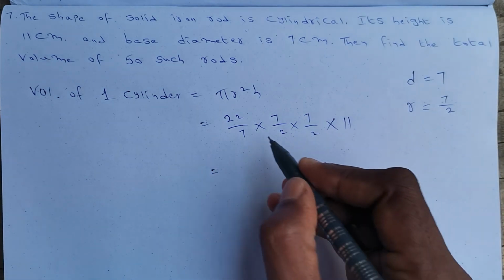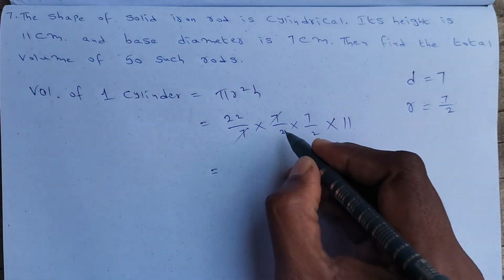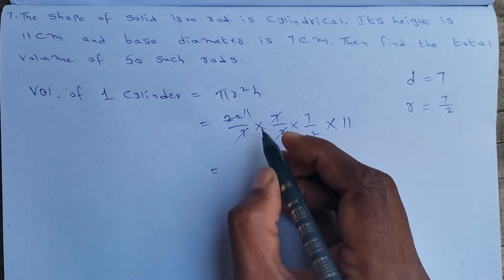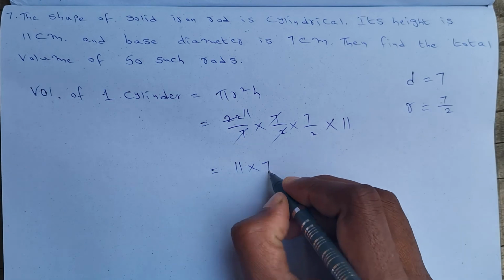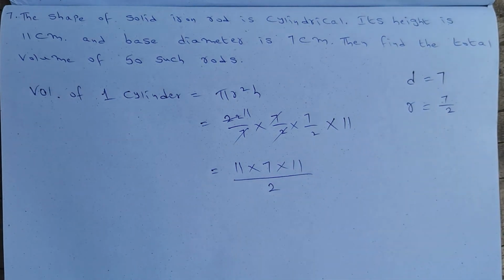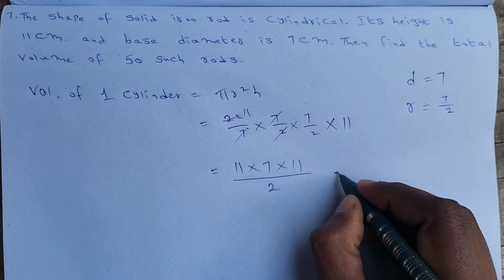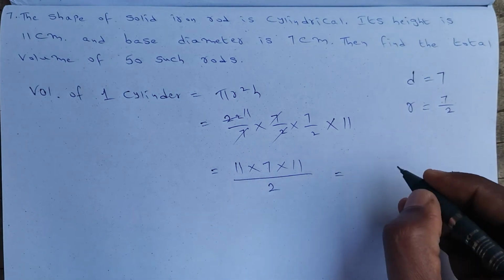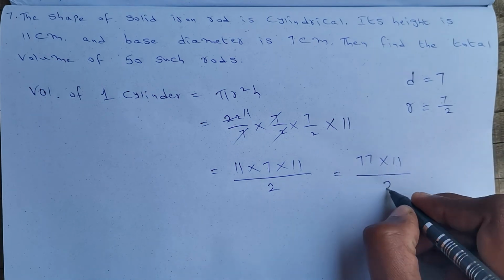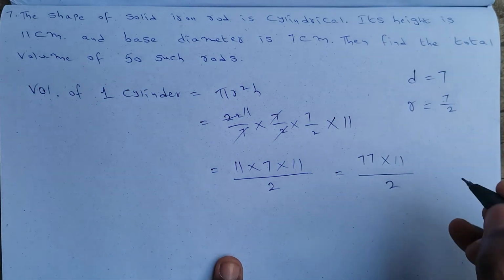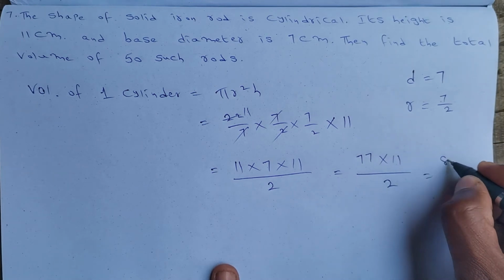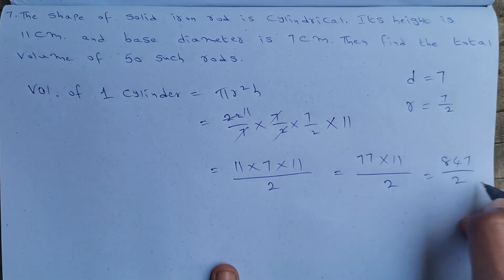Here 7 will get cancelled, 2 ones are 2, 11s are 11, so we get 11 into 7 into 11 whole divided by 2. 11 into 7 is 77, 77 into 11 is 847, divided by 2.